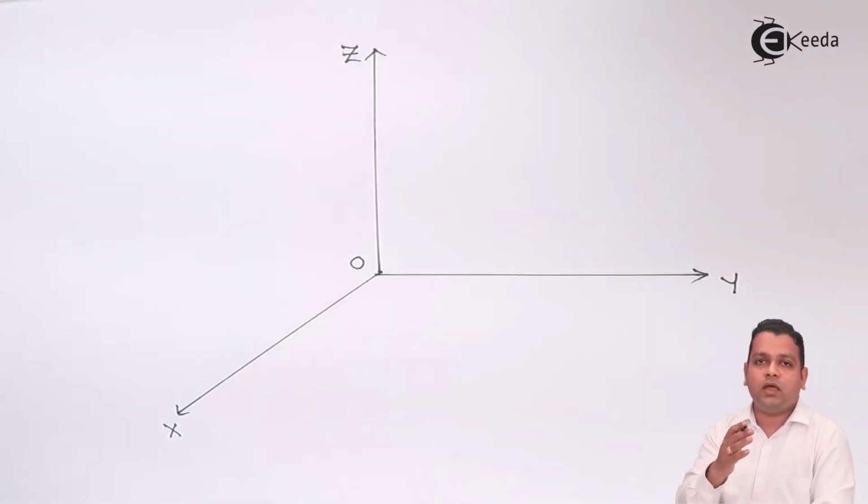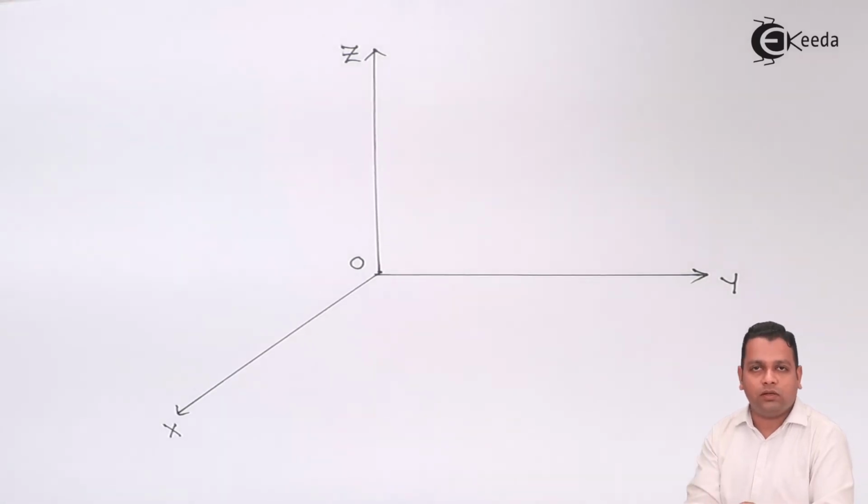So these small x, y and z can have any constant or real number values, maybe positive or negative. These are the distances covered by the point P in three-dimensional space from the origin with respect to the capital XYZ axes.